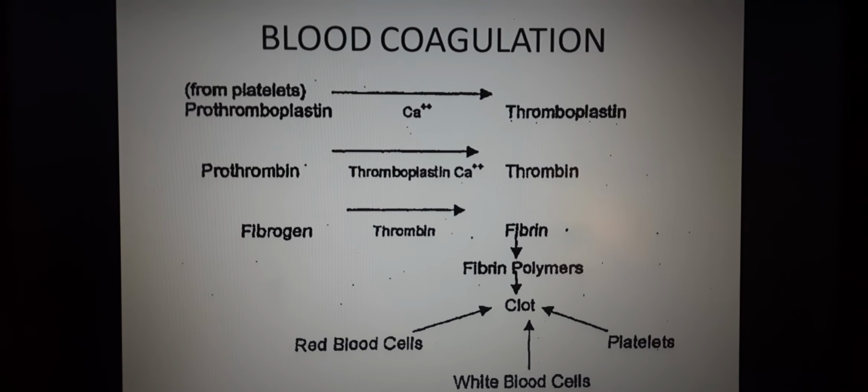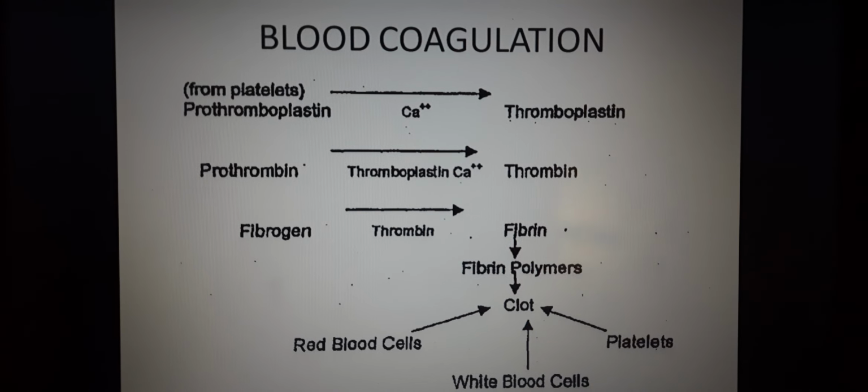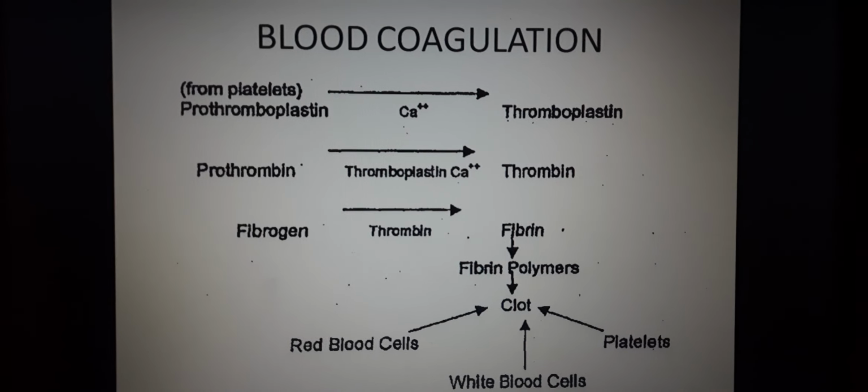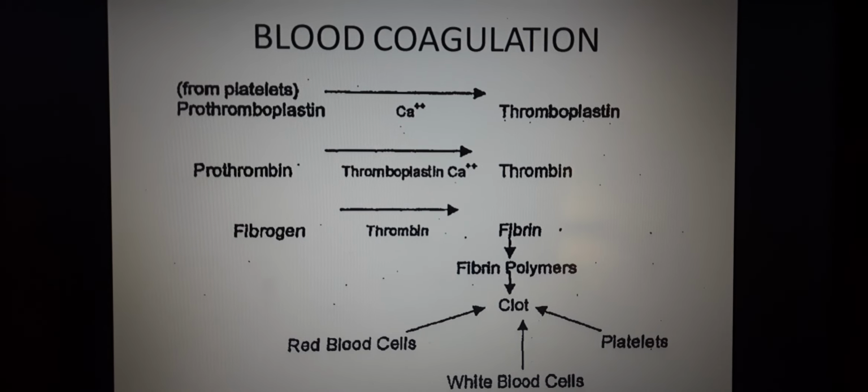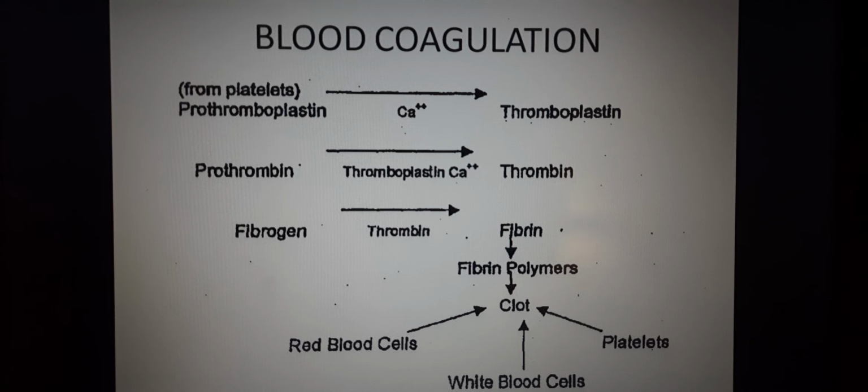This blood has to clot, otherwise excessive blood loss will occur. For these activities mainly oxygen, air is helping, and some calcium ions help for clotting. So, you try to write this flow chart.